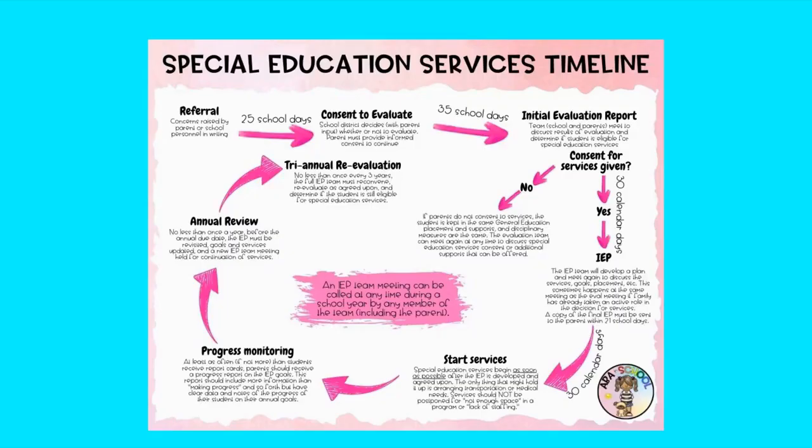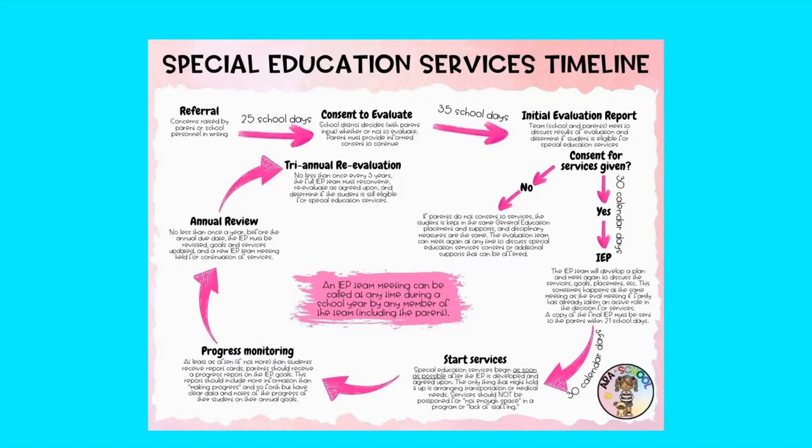Now, when we're talking about special education timelines, we're talking about the Special Education Services Timeline. This is kind of an overview. So when a parent is provided a referral for special ed services, the school has 25 school days to get the consent to evaluate. Then the school has 35 school days to complete the initial evaluation report, where they collect data and do testing to determine whether the student qualifies for special ed services.